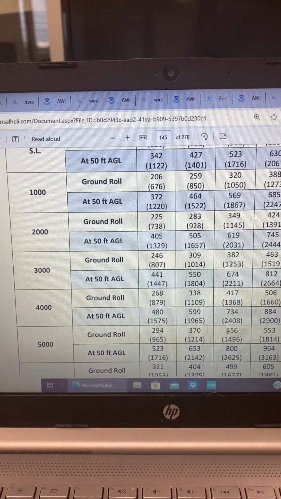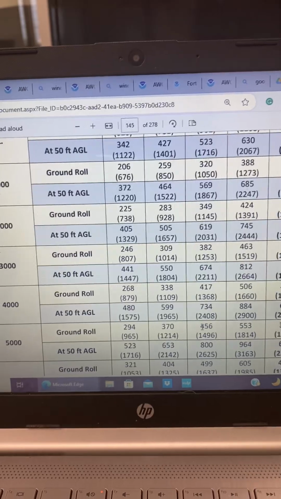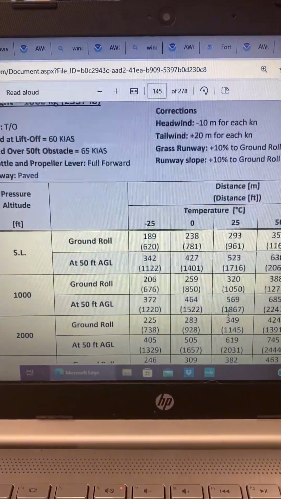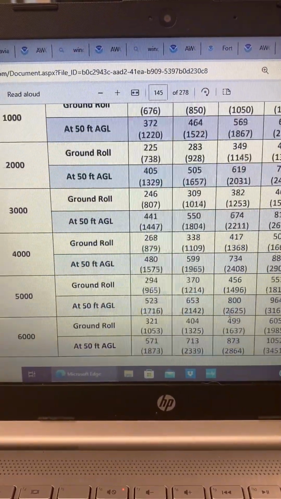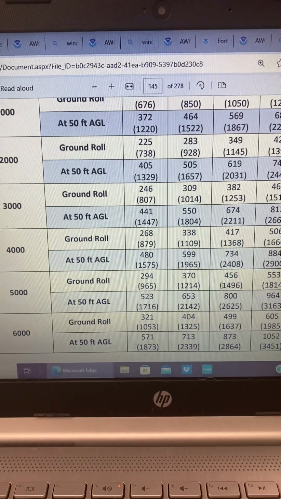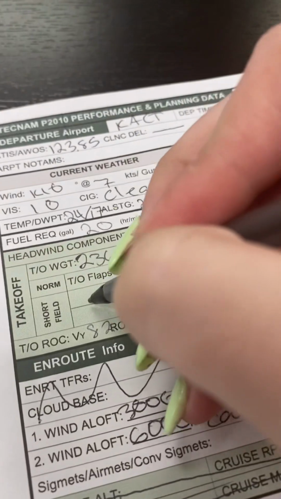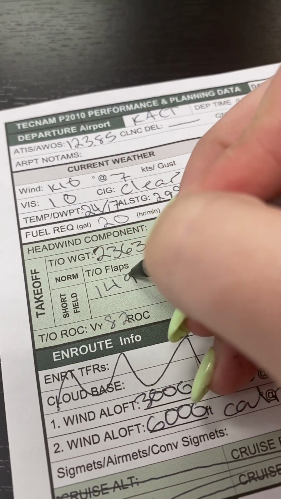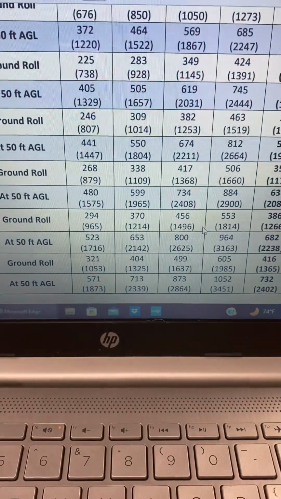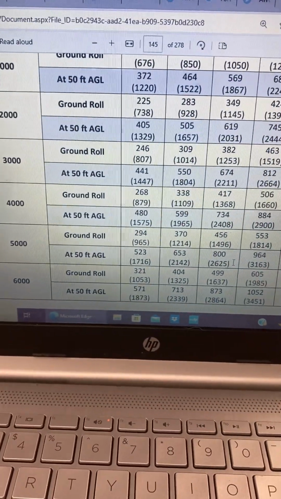So we can see that we are going to be using the larger number in the parentheses. So our ground roll is going to be 1496. So we're going to put that right here. And to clear that 50-foot obstacle is going to be 2,625.